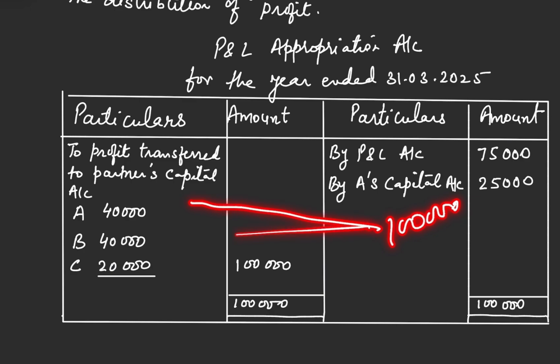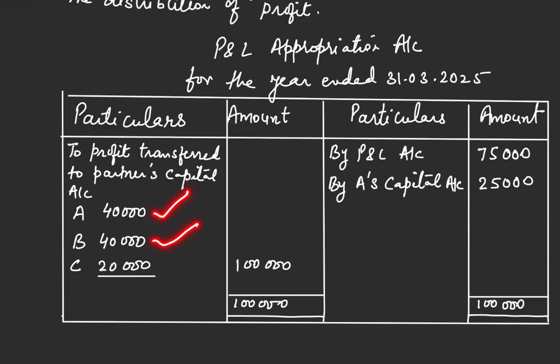Now this profit will be distributed between these three partners in the ratio 2:1 as given in the question. If we distribute, it comes to 40,000 for A, 40,000 for B, and for C it comes to 20,000.